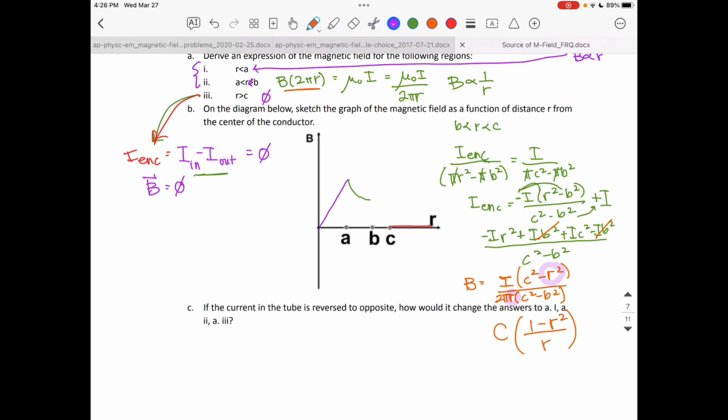And when you graph this function, you can just plug it into your calculator. You end up with a function that looks like this.